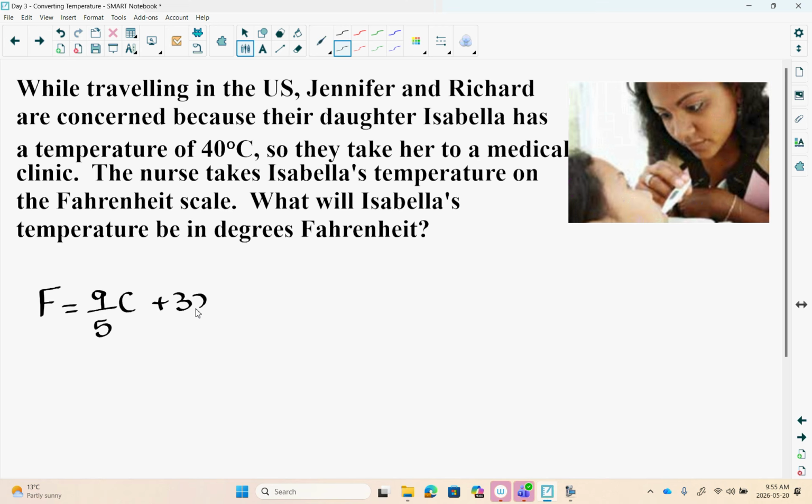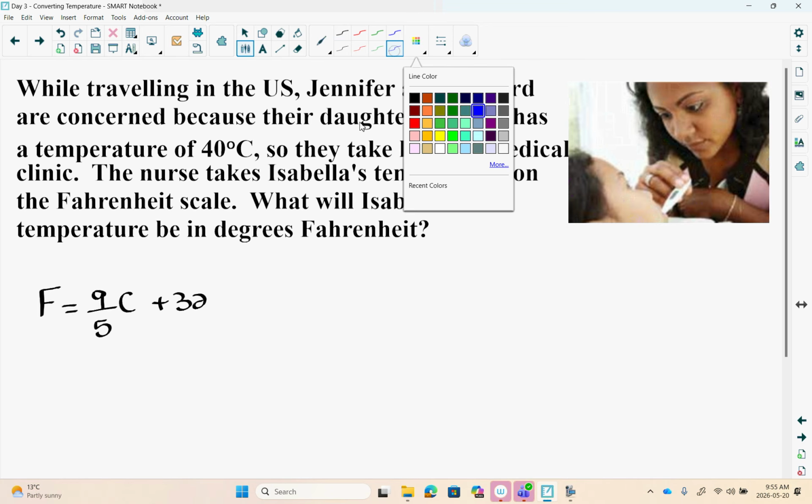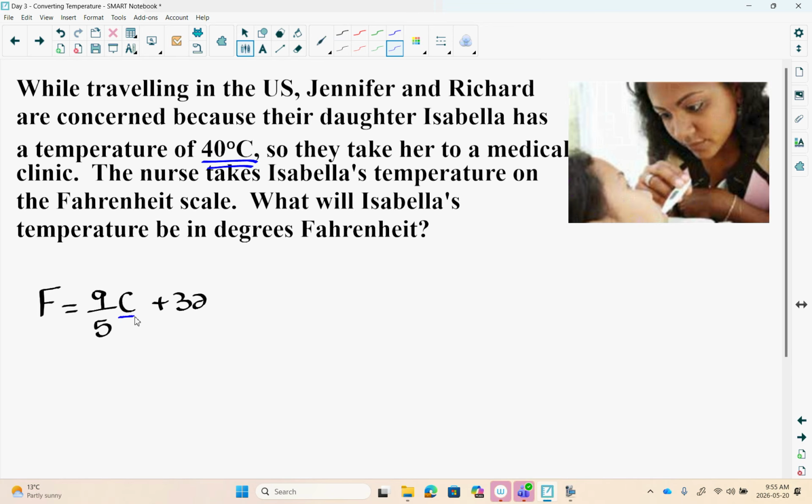plus 32. What am I filling in for C? I'm filling in 40. F is equal to 9 over 5 times 40 plus 32. Now in this case, 5 goes into 40 an even number of times. Watch me do this.